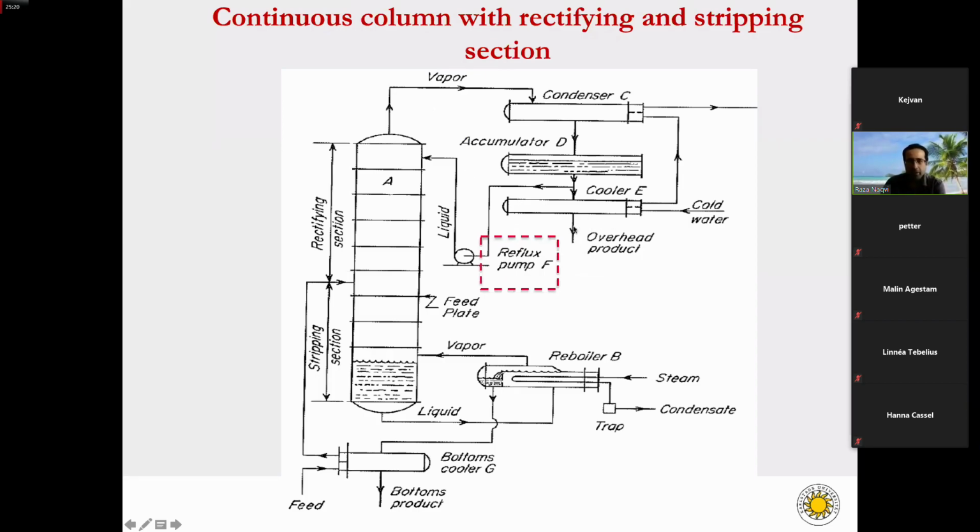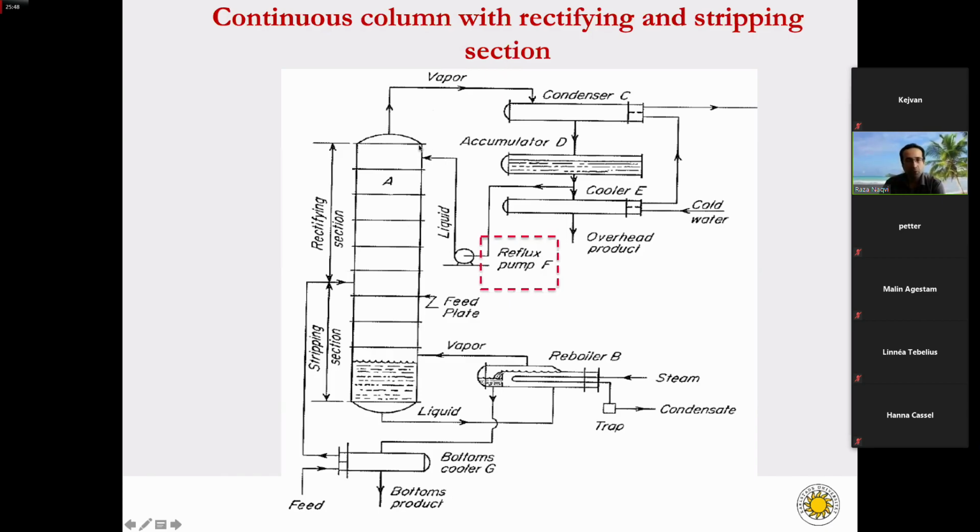And if I remember, I mentioned why we need to have reflux in the distillation column. If we do not add the liquid back into the distillation column, the stages in the rectifying section will dry, because all the vapors will be taken out from the distillation column, and we will have a dry plate, and there will be no mixing between the liquid and the vapor phase, and there will be no mass transfer.